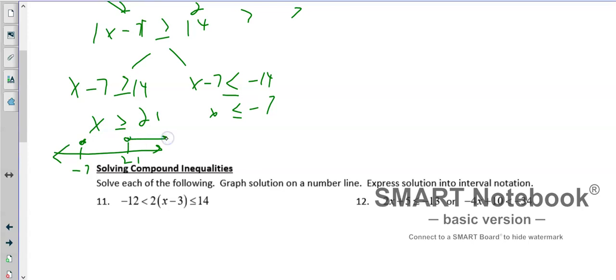Greater than or equal 21, less than or equal negative 7, like so. And interval notation is going to be a union. Be a bracket on the numbers, parentheses on my infinities. This is negative infinity, negative 7. This is positive infinity, 21.